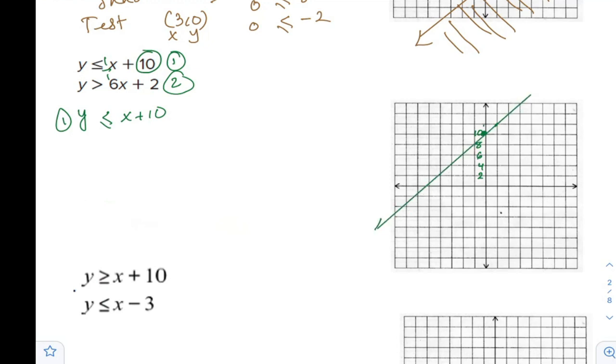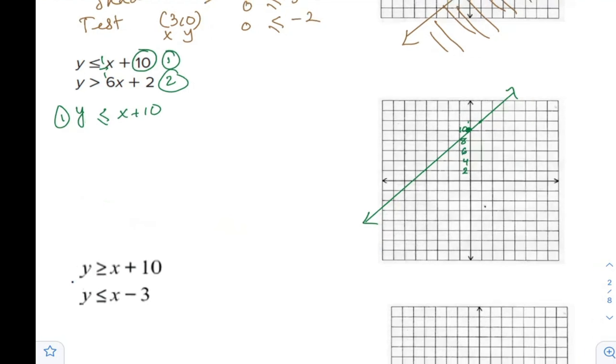Of course, it's a solid line because there is an equal sign. Where to shade? Below the line. Remember, if there is a minus here, then you should reverse it. Instead of below meaning less, that means you are shading above the line. Here we are shading below the line, so this is my shading.